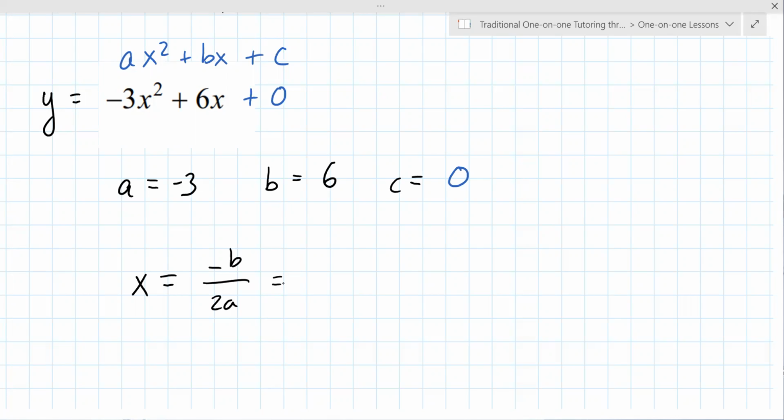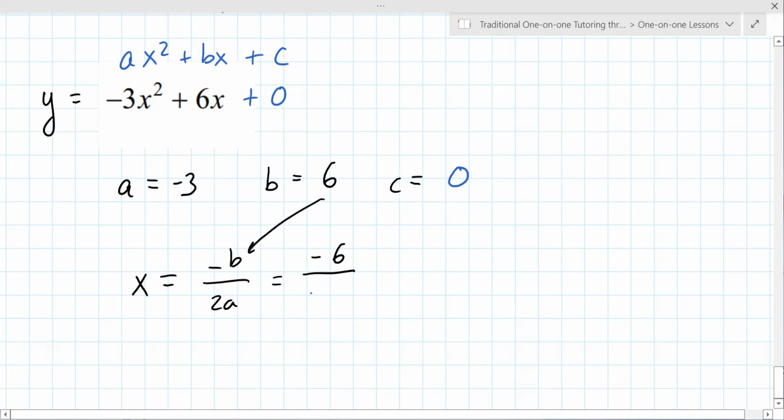I don't know. Okay, so we're going to substitute in the value of 6 for b over 2 times -3. Yeah, I was just about to get to that. I was talking about how I didn't know where my calculator was.